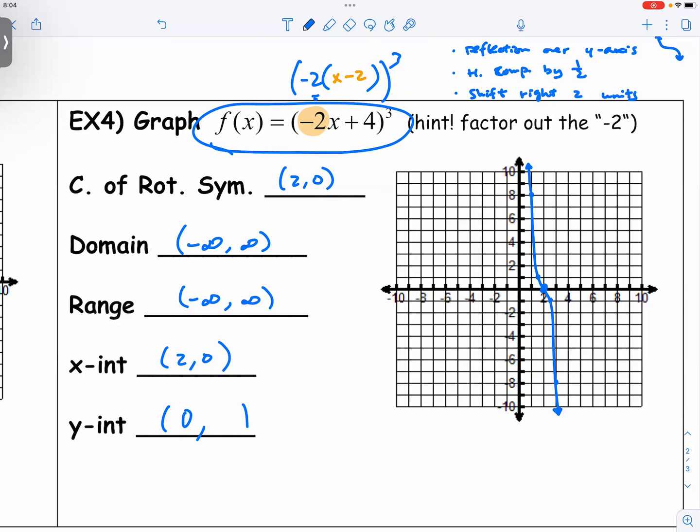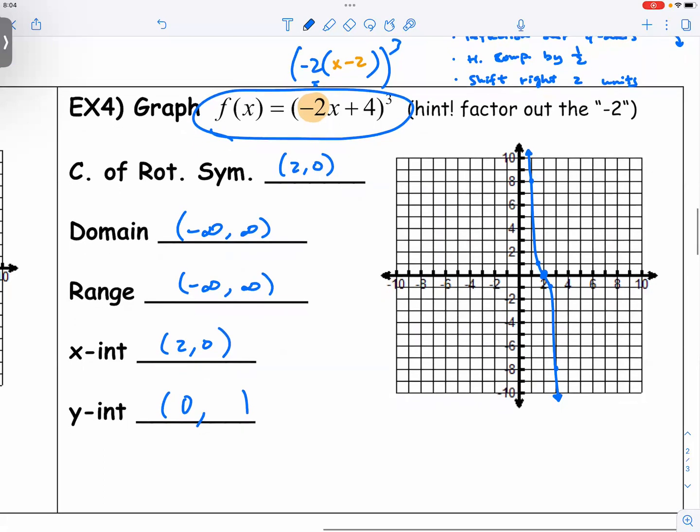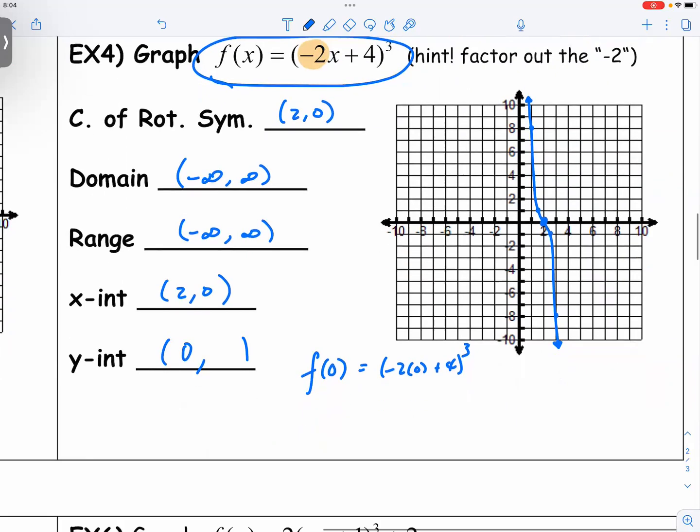You thank for the existence of an equation, because if you have an equation, you can tell what happens when x is equal to 0. Well, when x is equal to 0, that's what you have. What's 4 cubed again? 64. So therefore, the y-intercept is 0, 64.